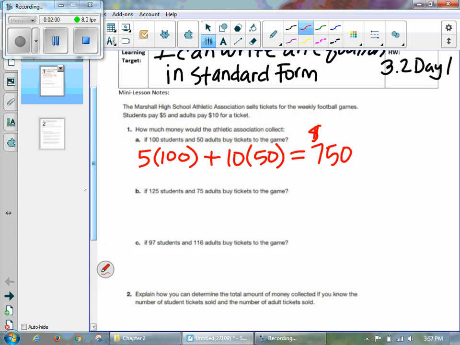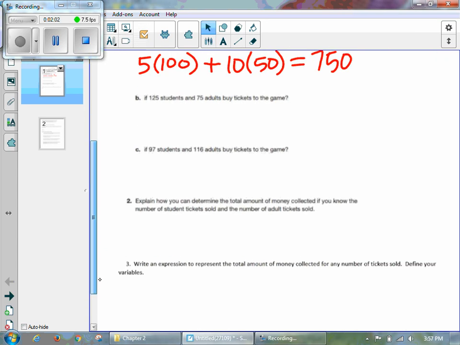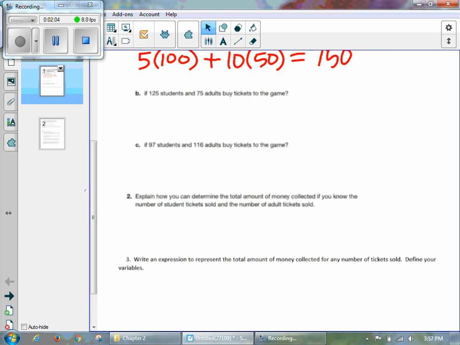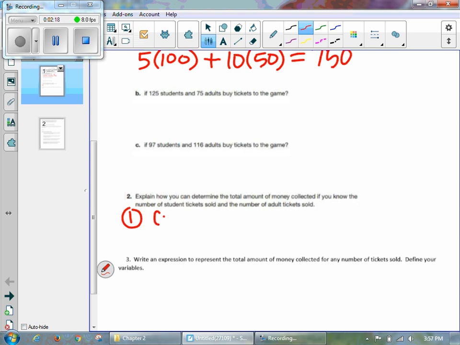Down here for number 2, explain how you can determine the total amount of money collected if you know the number of student tickets sold and the number of adult tickets sold. So step 1 is you can figure out how much money you made from the student tickets. By doing that, you would take the cost of the student ticket and multiply by the number of student tickets sold.